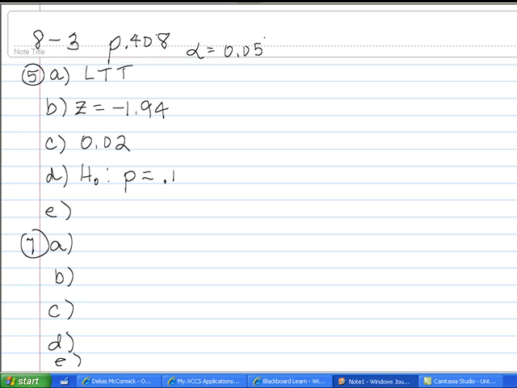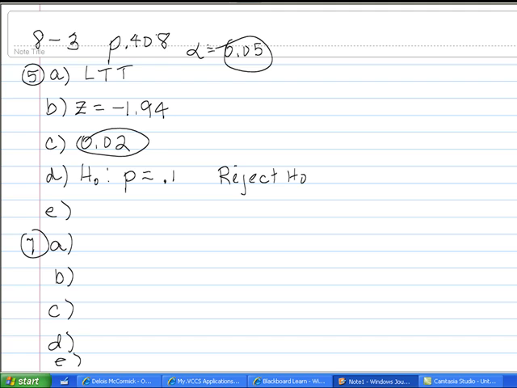Because the p-value is less than alpha, we're going to reject the null hypothesis. And they have a little saying here that I thought might help you with p-values. If the p is low, the null must go. So we see this p-value is less than the alpha. So if the p is low, the null must go.